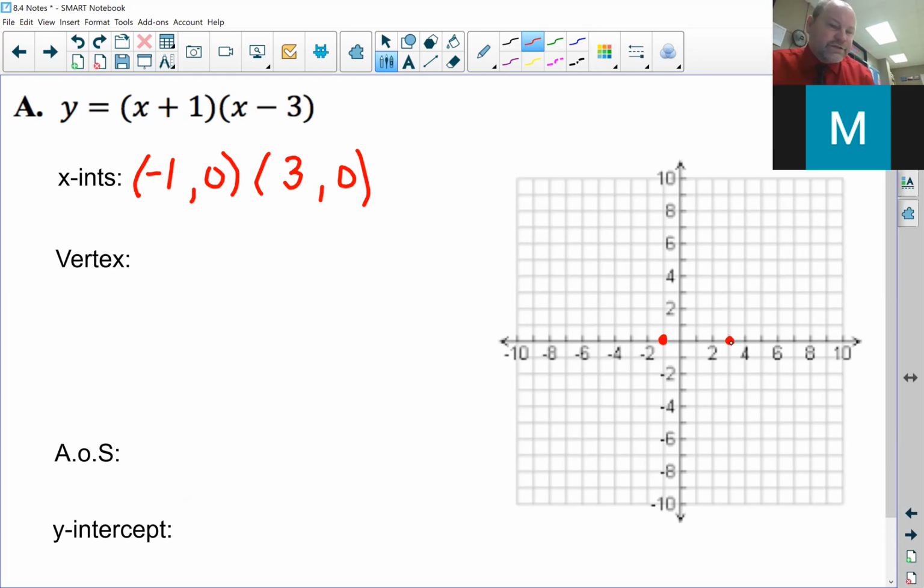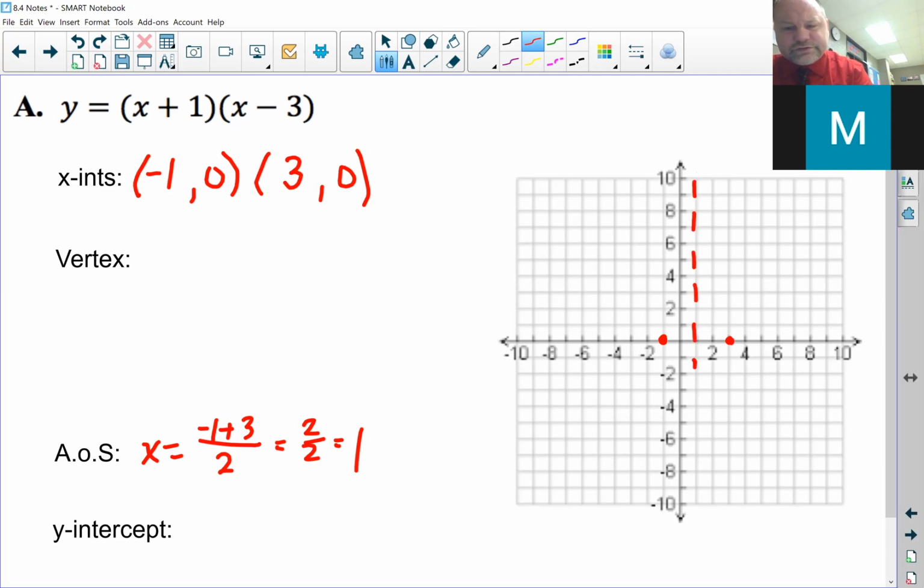For the vertex, I'm going to do the vertex next. Axis of symmetry is a little bit easier. Take my x coordinates for my x-intercepts, and divide by 2. So this would be 2 divided by 2, or 1. Axis of symmetry is at 1. For my vertex, I know 1 is my x-coordinate.